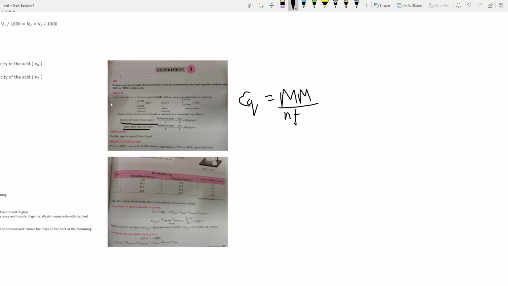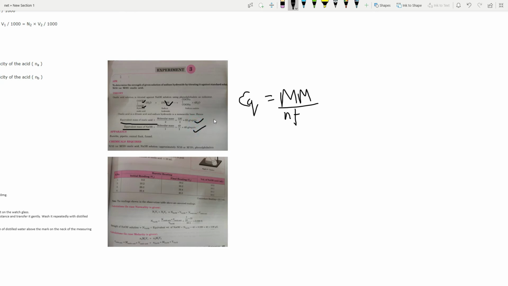What is this n factor? For oxalic acid, 2 H plus ions will be gone, so it is 2, and for NaOH, a single OH will be gone, that is 1. So you divide the molecular mass by the n factor, 2 for oxalic acid and 1 for NaOH, and you get the equivalent mass.